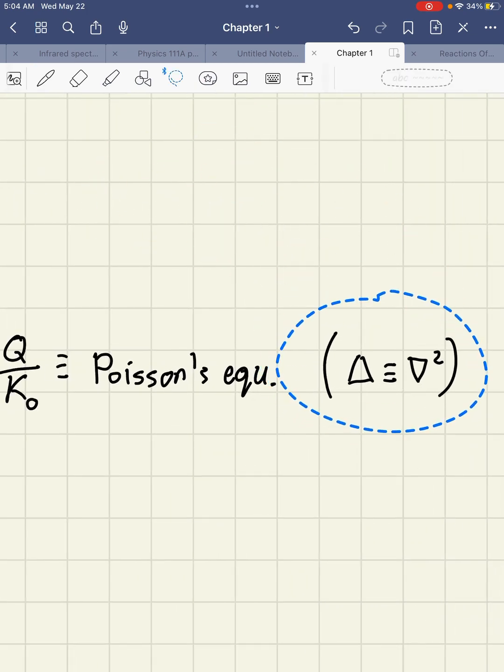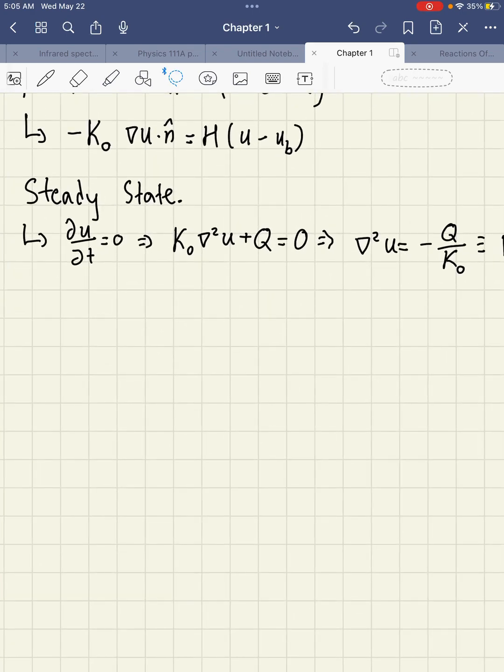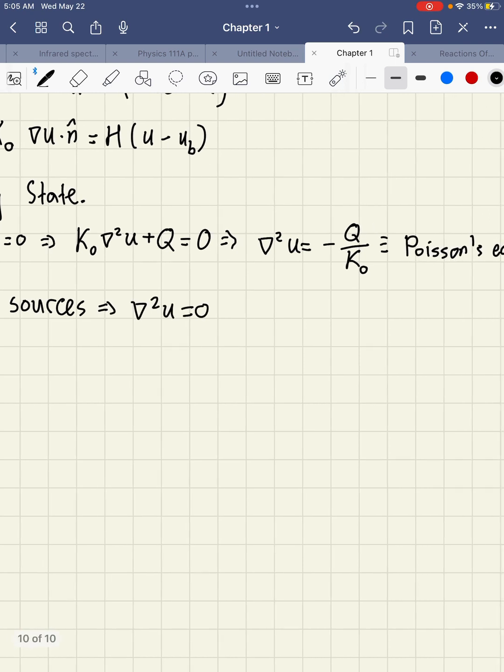Well, childish behavior, I know. Now, if there were no sources, therefore my Laplacian of my temperature is equal to 0. And this is called the Laplace equation.